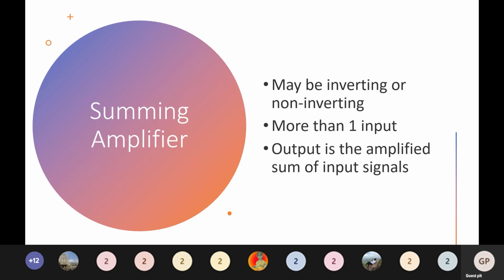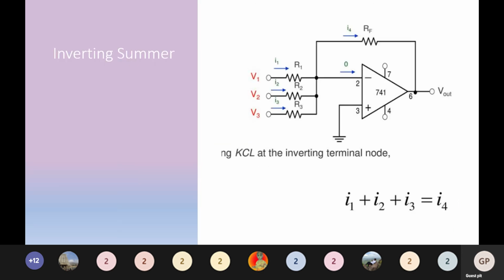As I said, basically a summing amplifier is going to have more than one input because we are going to add the input signals, right? And the output signal will be the amplified sum of the input signals. Since it is an amplifier, it will be the amplified sum of the input signals, right? So we'll see the summing amplifiers one by one.